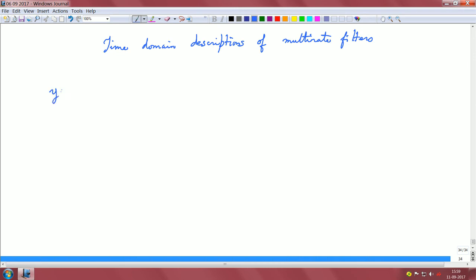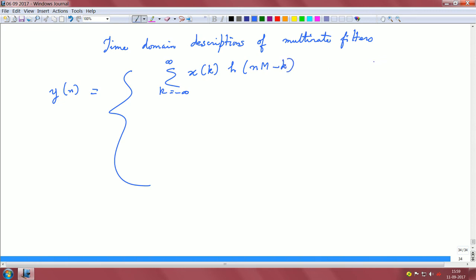Now y of n equals summation k equals minus infinity to plus infinity x of k h of n m minus k, and this is the response if it is an m fold decimator.